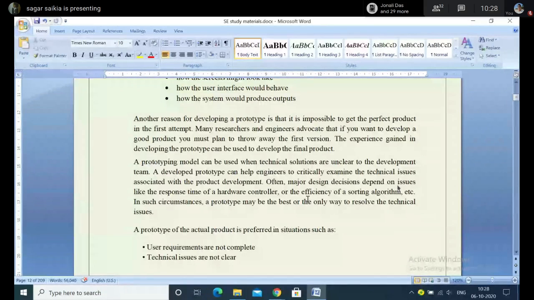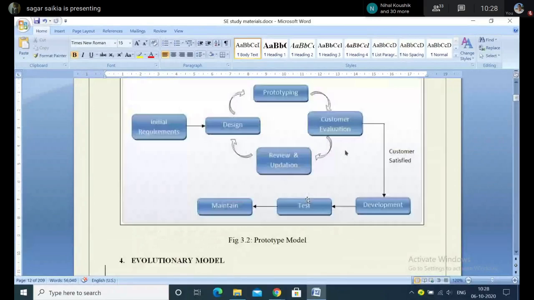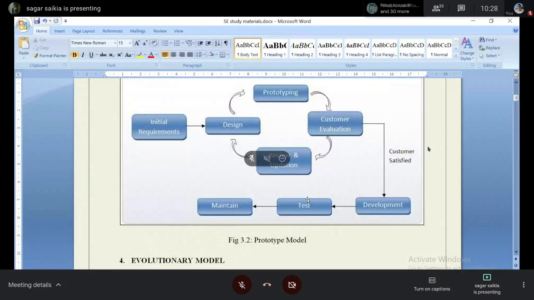Going directly to develop the system would then be risky, so it is advisable to first develop a prototype and then proceed accordingly. Similarly, if the technical specifications are not clear, such as what kind of front end you will use, then you can go for the prototyping model.